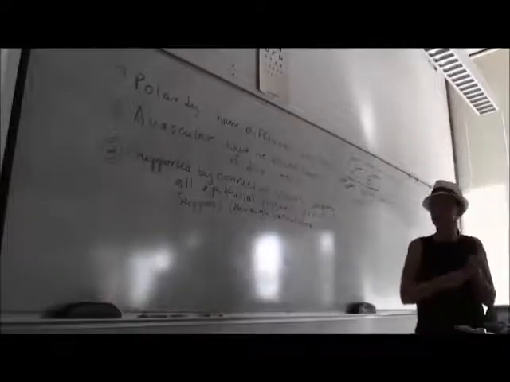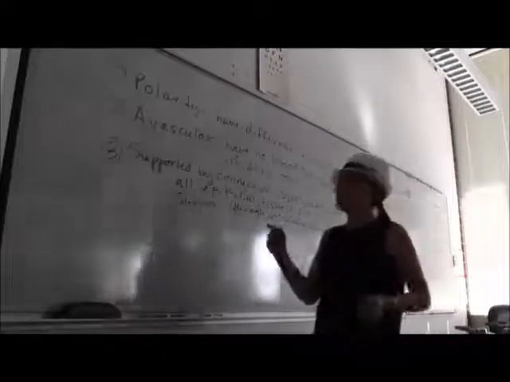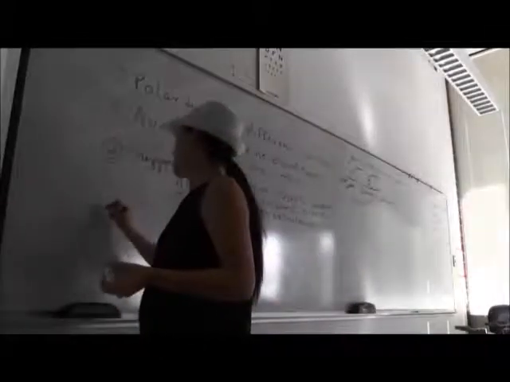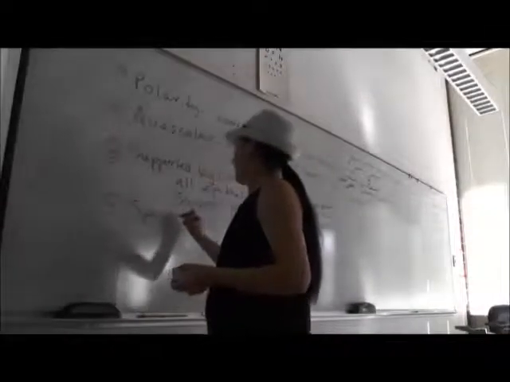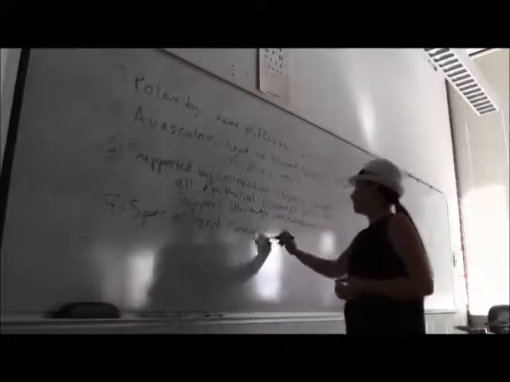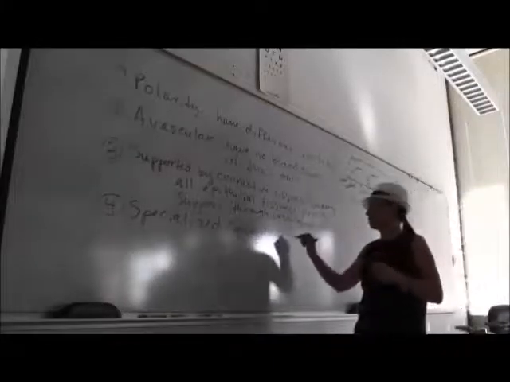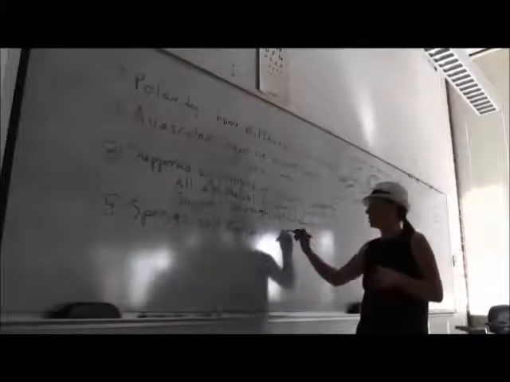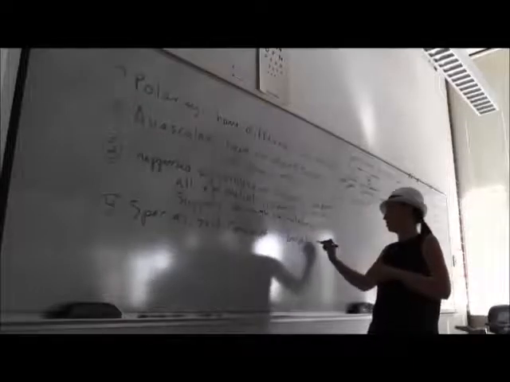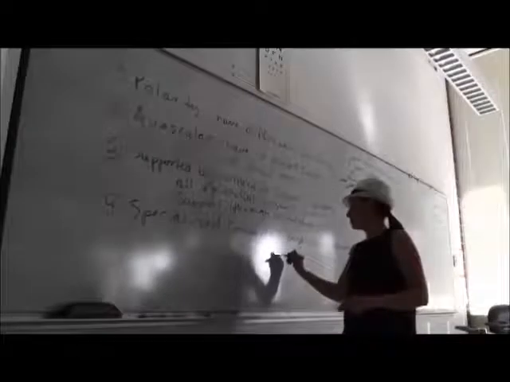All right. So another characteristic of our epithelial tissues is that they have what are called specialized contacts. So our basal cells are all going to contact the basement membrane. So that's one specialized contact. But then they also have lateral contacts.